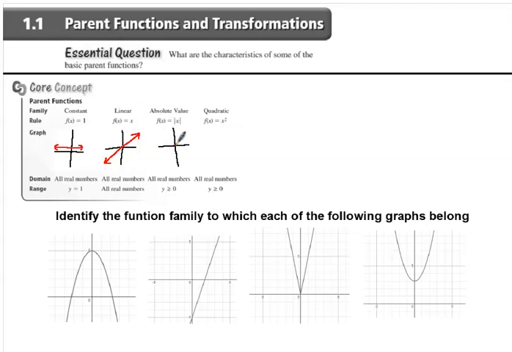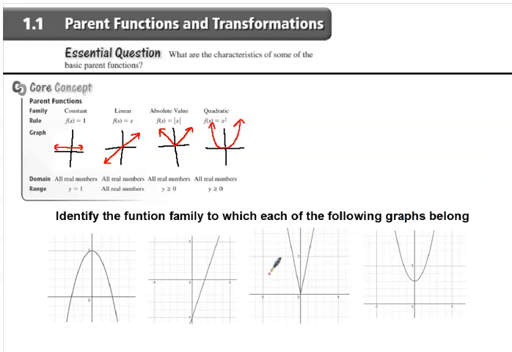So the positive x values remain positive, just like they did in the linear function, but that section on the bottom left is going to bounce up and become positive y values. So our absolute value function is a v-shaped graph. Quadratic has the form y equals x squared, and that is a u-shaped graph with a vertex at the origin.